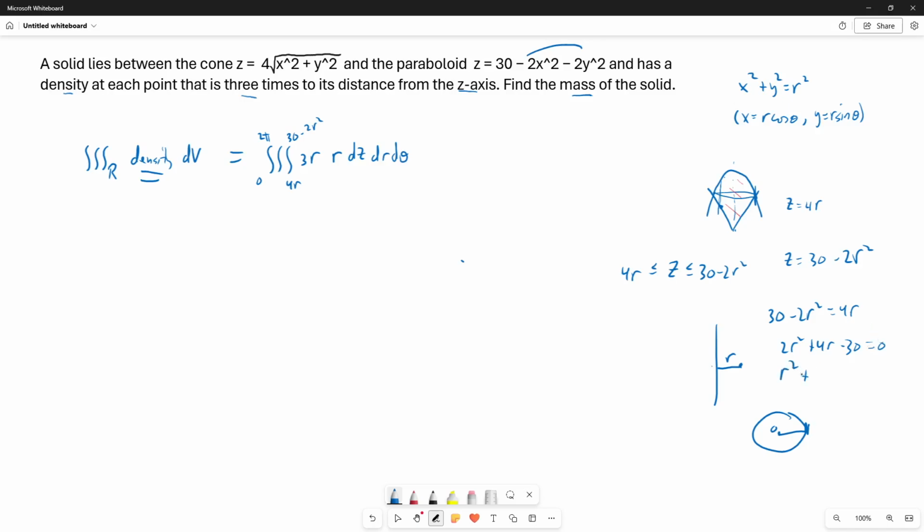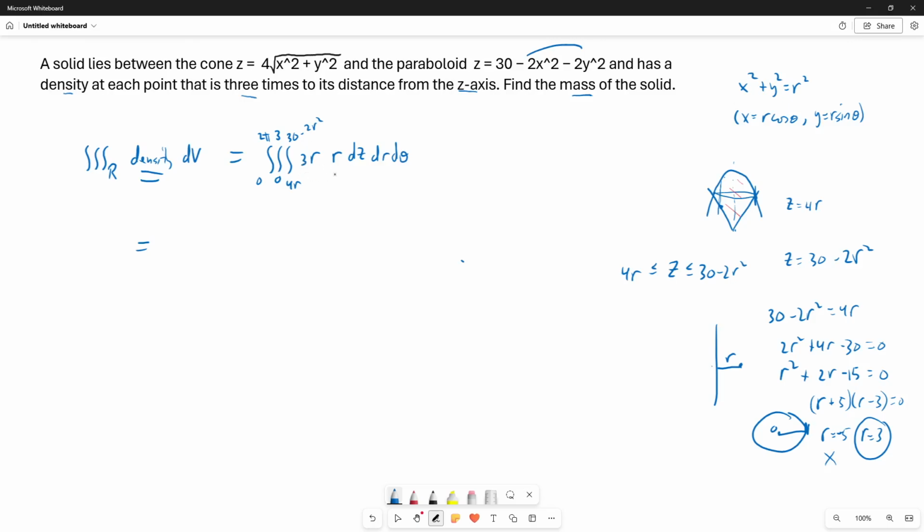Divide by 2, r squared plus 2r minus 15 is 0. R plus 5 times r minus 3 is 0. R is negative 5. We'll not use that one. And r is 3. So r will simply go from 0 to 3.